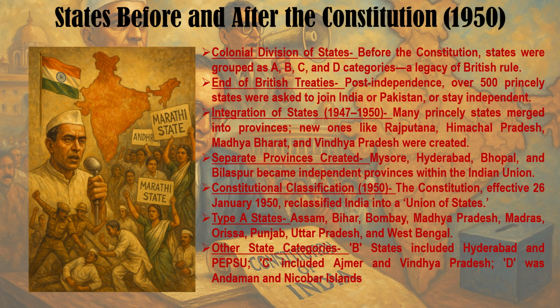Pepsu means the states of Punjab, the states surrounding the Patiala region. C-type states included Ajmer and Vindhya Pradesh. D was Andaman and Nicobar Islands. So according to the importance of states and their contribution, they were categorized into A, B, C and D.